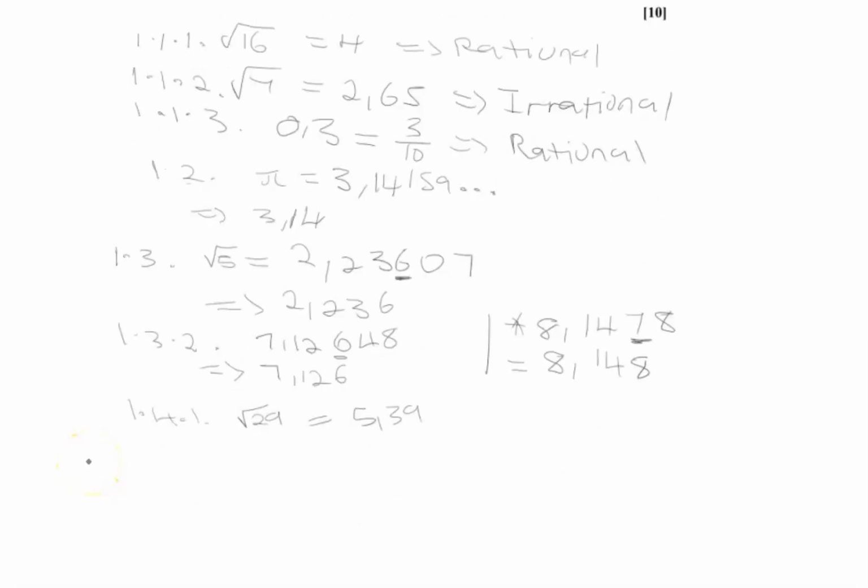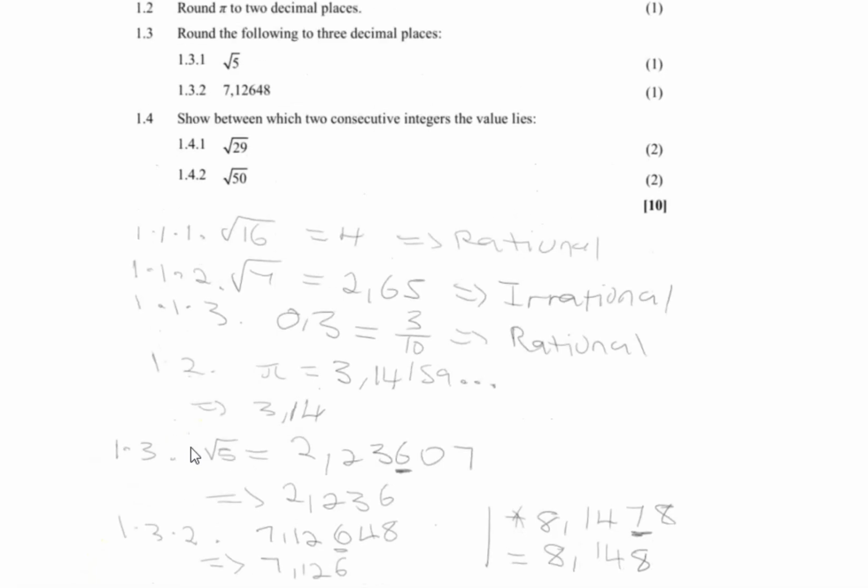Okay, the square root of 29 is 5,39 in decimal form. So 5,39 lies between 5 and 6. Okay, we are done with question 1.4.1.